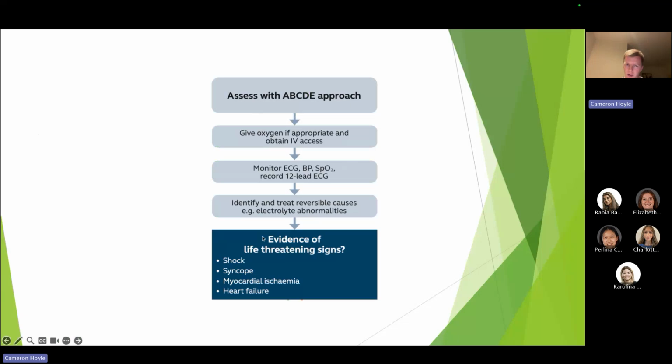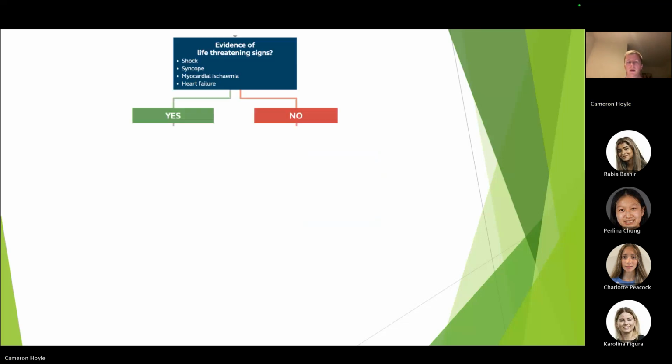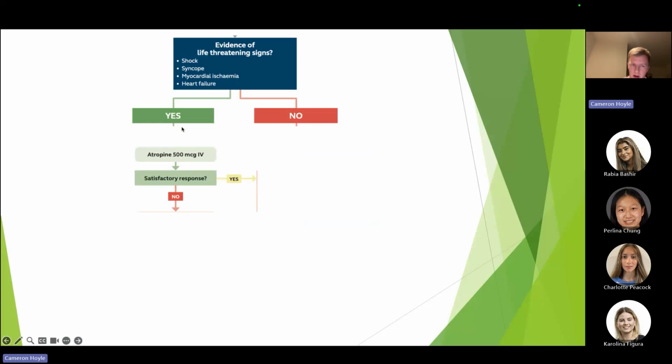So this is what the algorithm looks like, obviously assessed with A to E and go through the motions with that. And then you look at whether they've got any of these life-threatening signs. And that will decide on which way down the algorithm you're going to go for the bradycardias. If they do have evidence of these, then the initial treatment we're going to give is atropine, 500 micrograms IV.